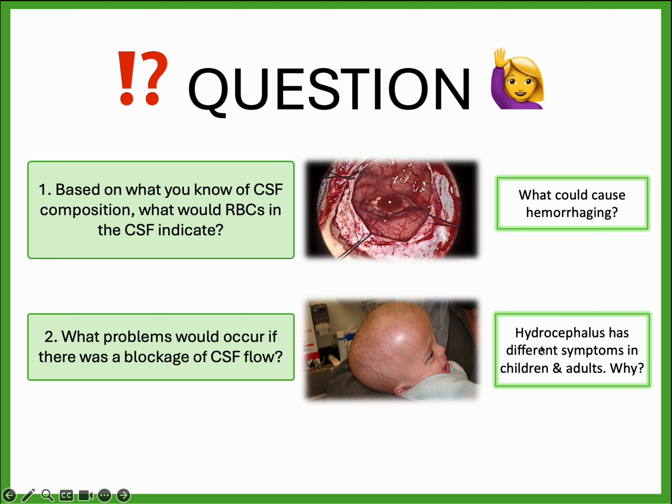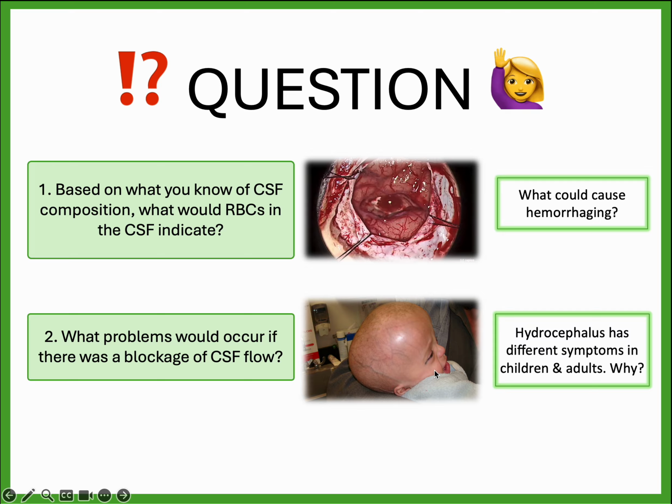Why is that? In children, you might see this situation. Remember that the bones are still not fully fused together, and it looks like the brain is bulging, right? But it's actually just the liquid that's there, expanding because the bones aren't fused yet.